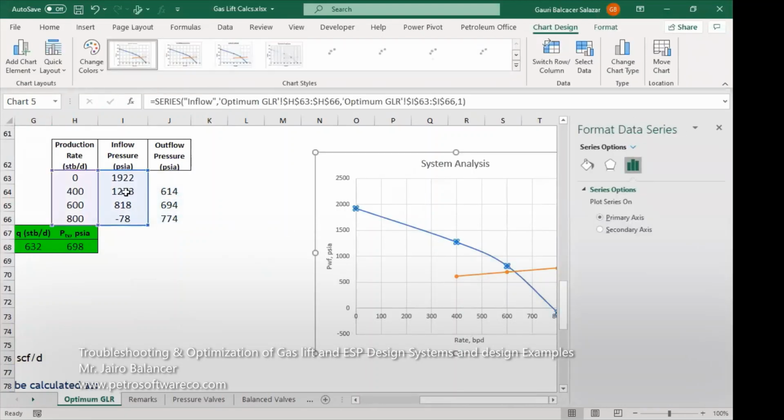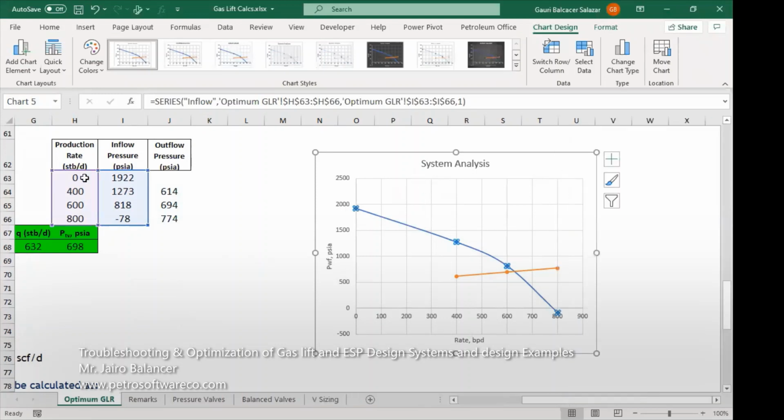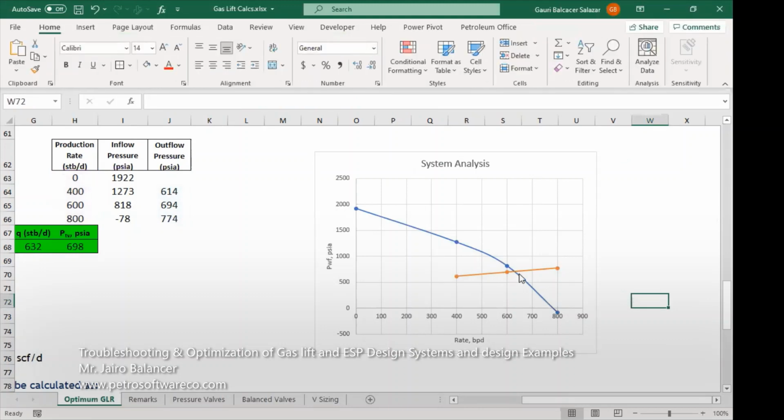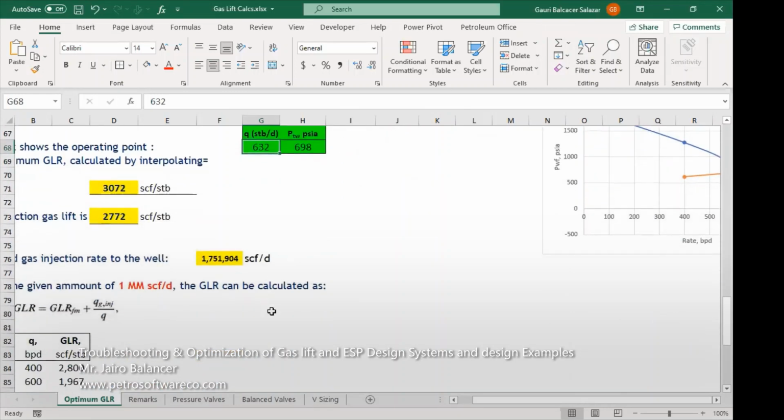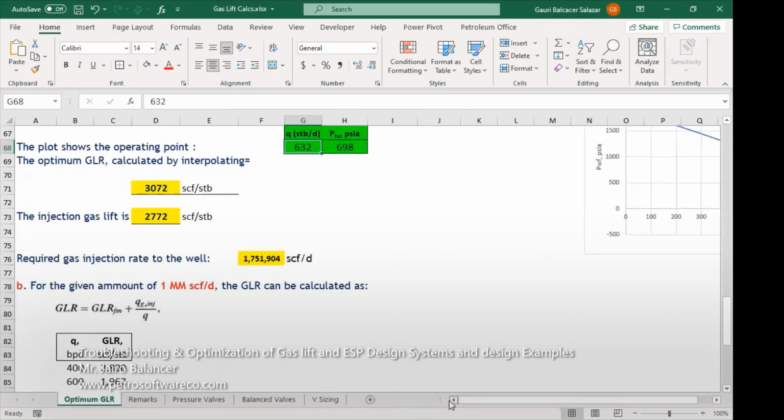The blue curve is the production and the inflow pressure, and the outflow is of course the production. And so the intersection is basically what is showing right here. The intersection is 632 barrels per day.